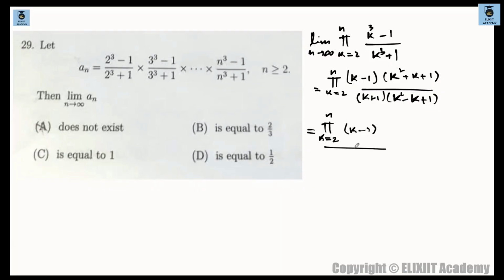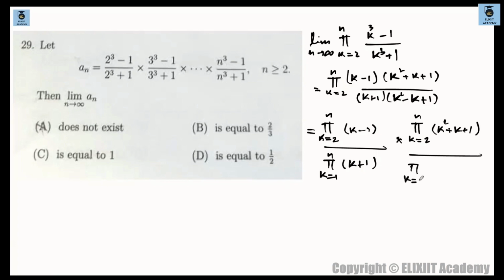Product is distributive over products, just as summation is distributive over summation. I'm distributing the products to each of them. This will give the same value. So we get the product of k is equal to 2 to n of k minus 1 times the product of k square plus k plus 1, divided by the product of k is equal to 2 to n of k plus 1 times the product of k square minus k plus 1.